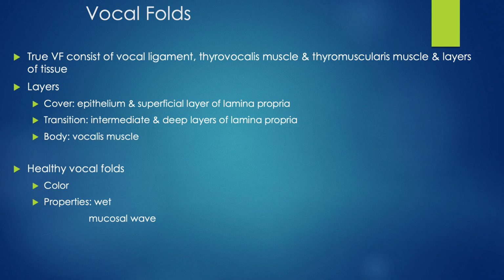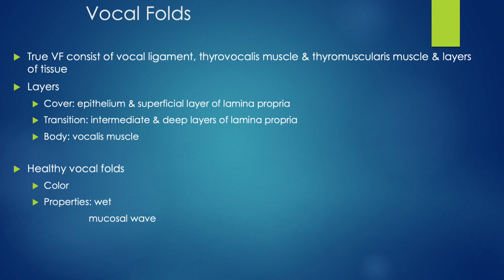All right. So we said a true vocal fold has a vocal ligament, thyrovocalis muscle, and thyromuscularis muscle, and layers of tissue. And those layers are the cover, which is the epithelium and the superficial layer of the lamina propria, the transitional layer of intermediate and deep layers of the lamina propria, and the body, which is the vocalis muscle.